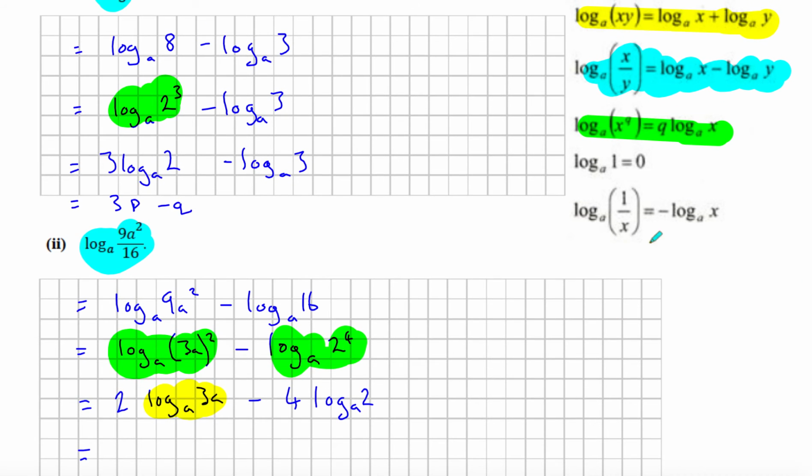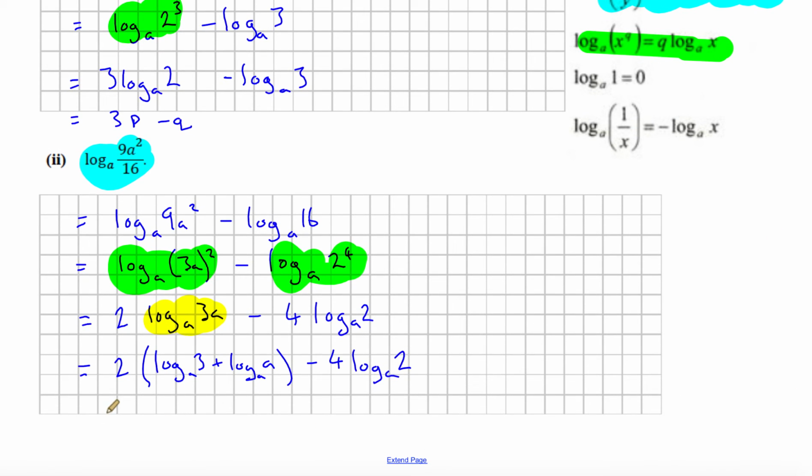So that's going to be 2 times all of this, so it's going to be the log of 3 to the base a plus the log of a to the base a, and then it's still going to be minus 4 the log of 2 to the base a.